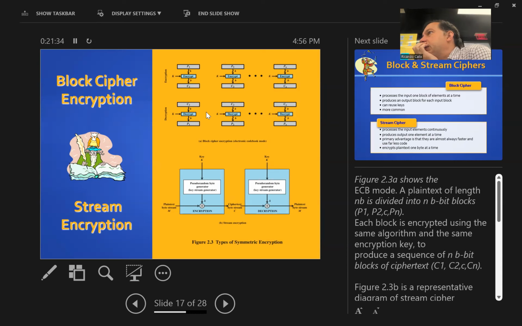Look at the first two, P1 and P2. The key is the same for both, and the encryption algorithm, AES or DES, is the same. If P1 is the word hello and P2 is the word hello, what would you say about C1 and C2? Are they going to be the same or different?